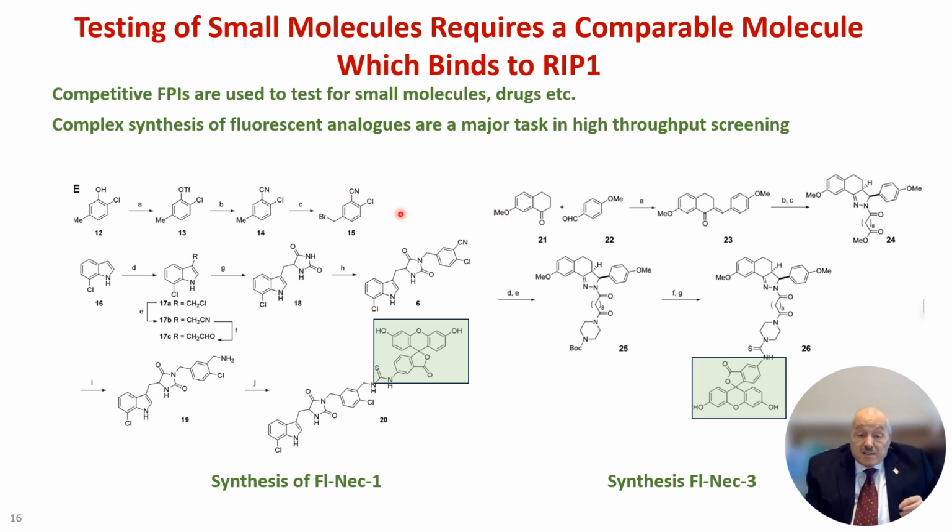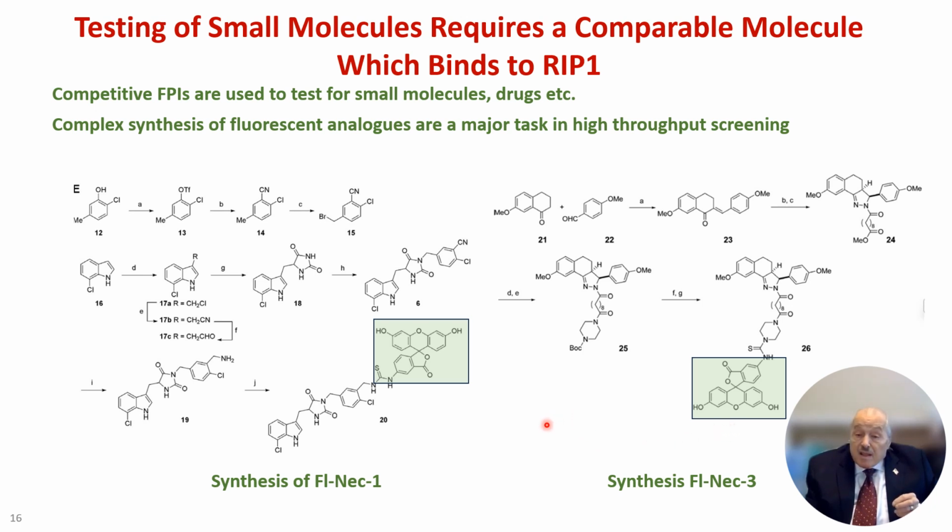So here's where you start to see a lot of chemistry. What is first necessary in a polarization immunoassay is to get a drug analog that is labeled and binds to the drug. So you can see that can require a lot of synthetic steps, and these particular authors wound up with two different anti-RIP1 candidates, both of which had a fluorescein on them.